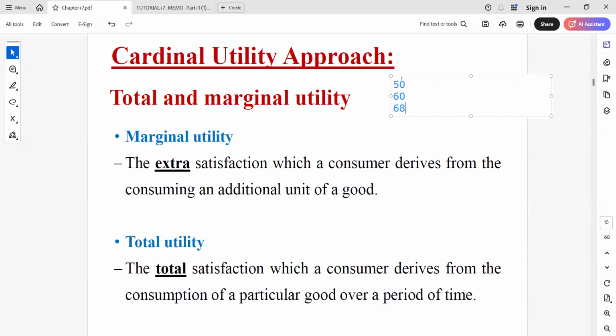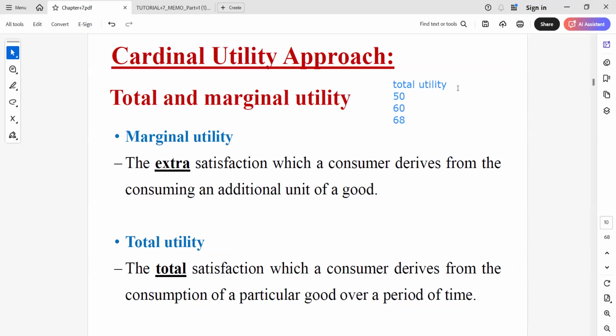And this is your total utility. So the total utility of your first burger is 50, of your second burger it's 60, and the satisfaction you get from your third burger is 68.